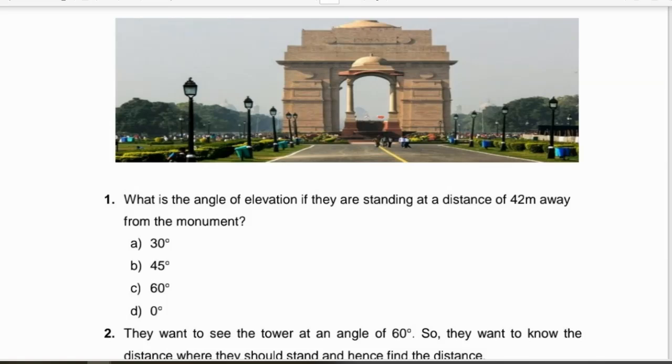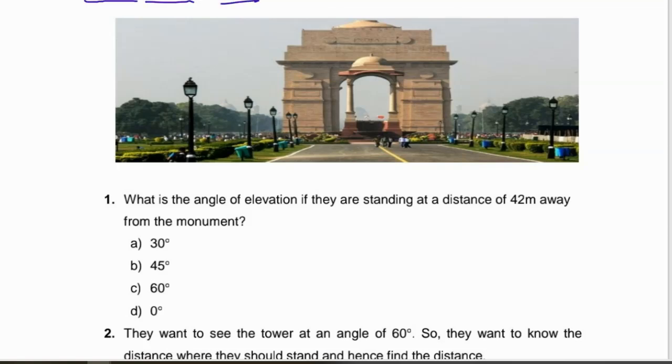Now, what is the angle of elevation if they are standing at a distance of 42 meter away from the monument? So we have to find the angle of elevation.